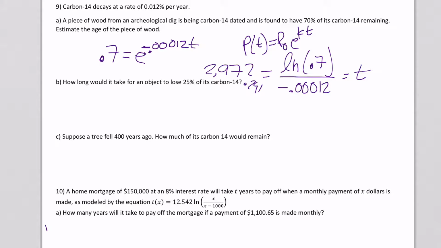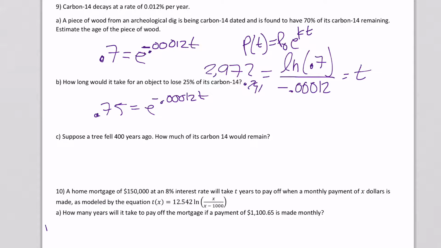All right, part B, how long would it take for an object to lose 25% of its carbon-14? So, if 25% is lost, how much remains? 75%. So 0.75 has to equal e to the negative 0.00012t.